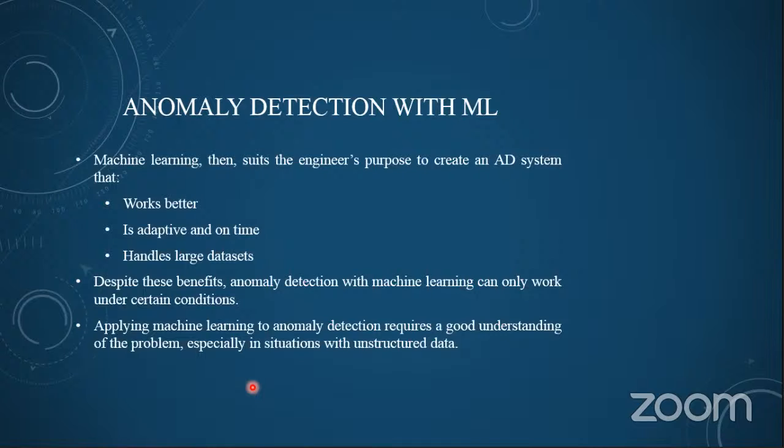But with machine learning, it will analyze the past data and adapt itself so that the algorithm works better, and it handles large data sets. Large data sets depend on the model we are going to create. When creating this model, if we have a heavy amount of data, then the model will perform better. That's the base for every machine learning system. If the data set created for the model is huge, then we will have a better model.